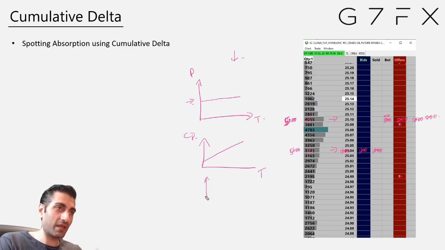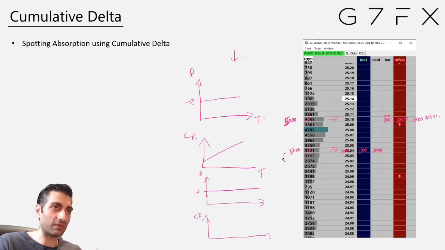On the short side, what's happened to the price? Same as before, it hasn't moved. And what's happening to the cumulative delta? It's minus 5,000. On the profile we obviously just show plus 5,000, but on the delta it's minus, because don't forget, delta is buying minus selling. What are we doing here? Selling.